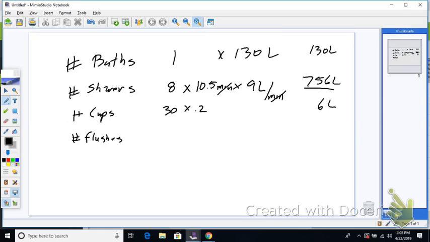If you don't know, take the middle one. That's what you want to do. Exactly. Flushed away.